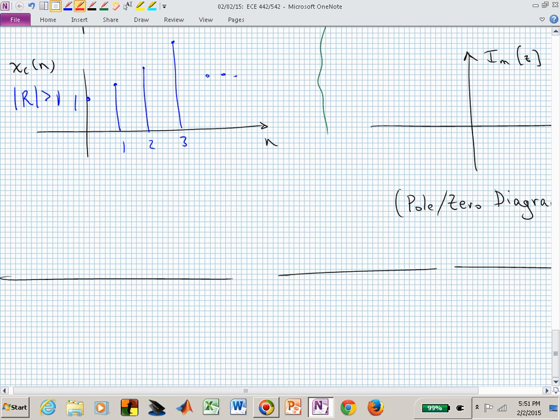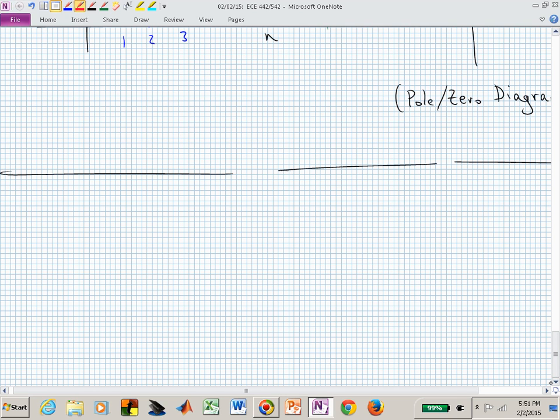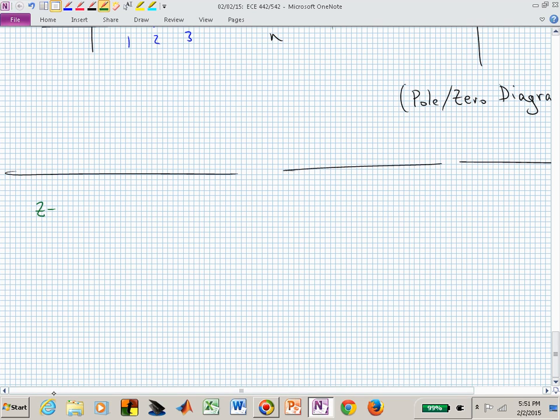Let's now figure out what we have relative to the Z-transform of this exponential.